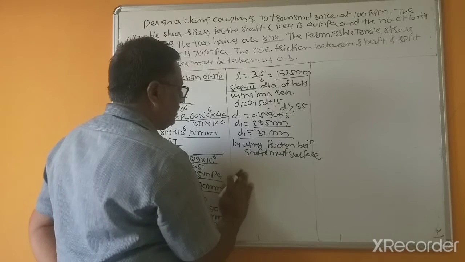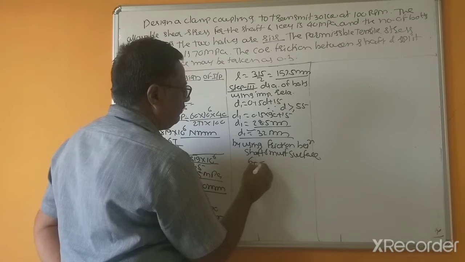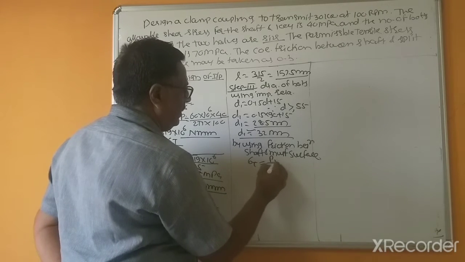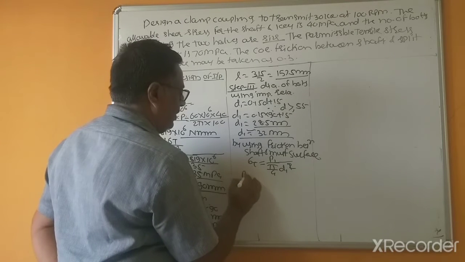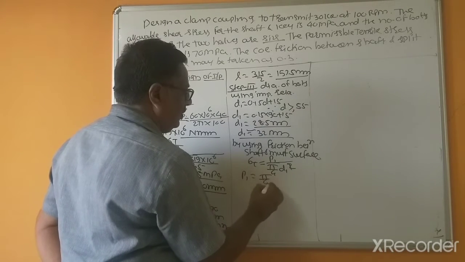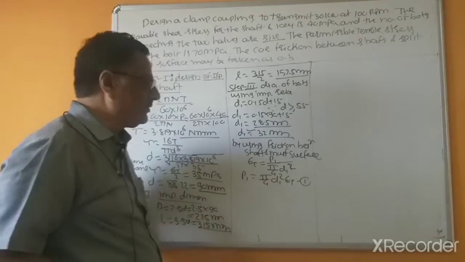So what are the relations? P1 or sigma t equal to the basic formula, P1 divided by pi by 4 d1 squared. Always use basic formulas.